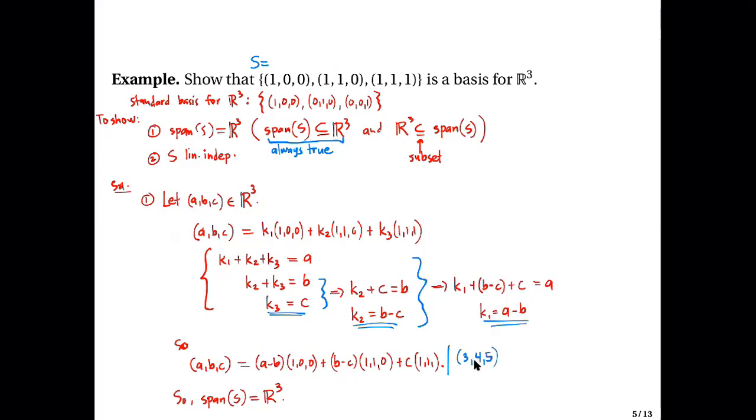According to this, we should be able to write this as a linear combination of these three vectors, (1, 0, 0), (1, 1, 0), and (1, 1, 1).